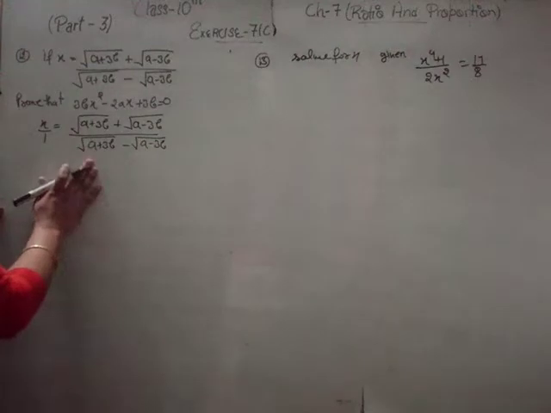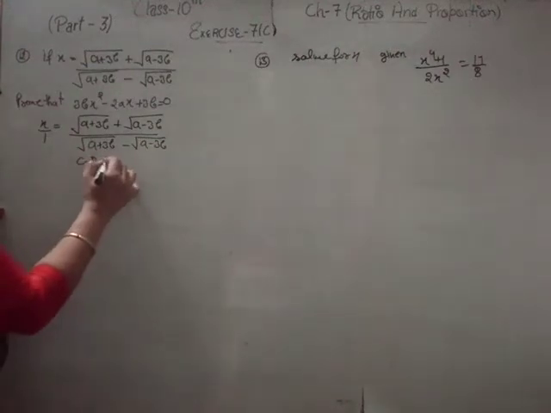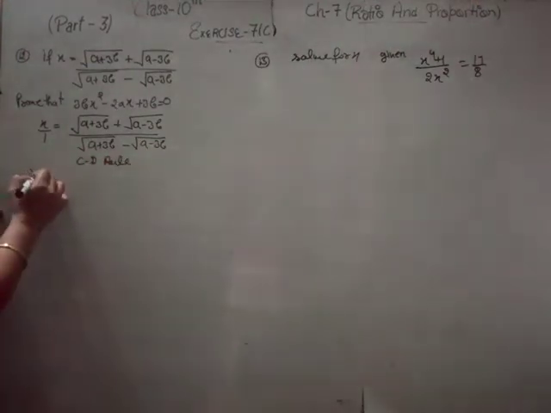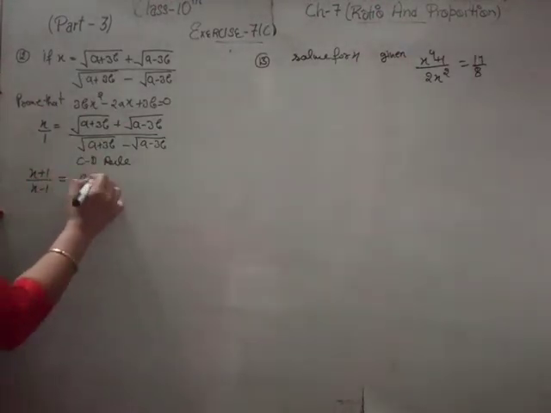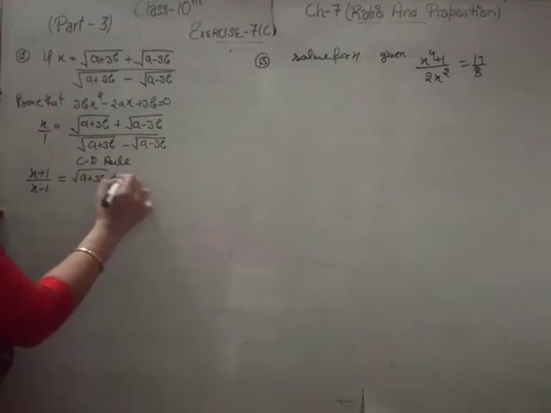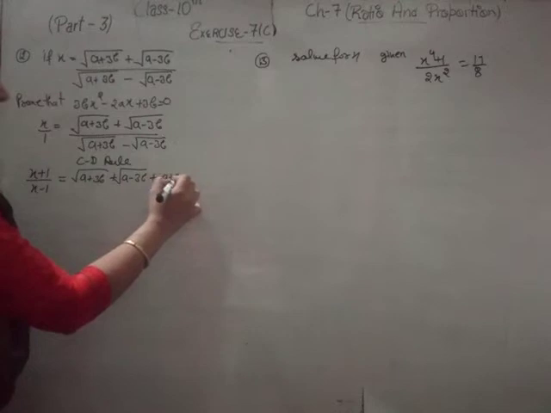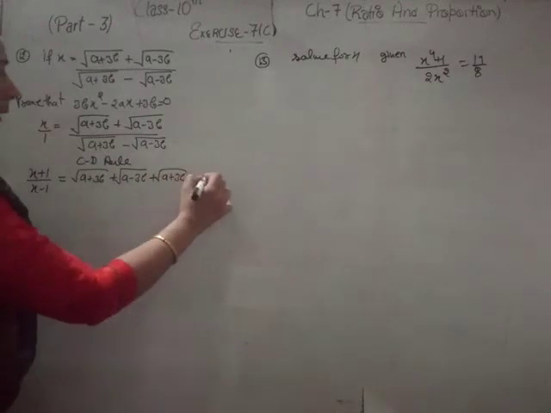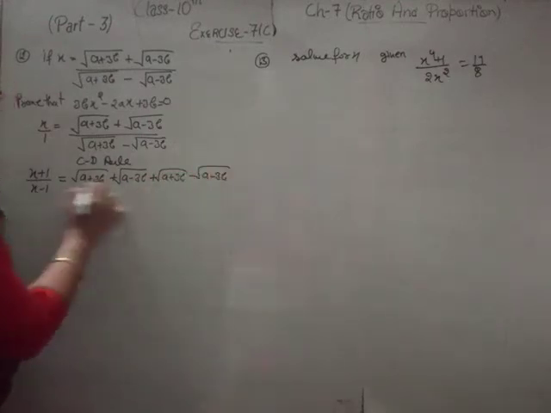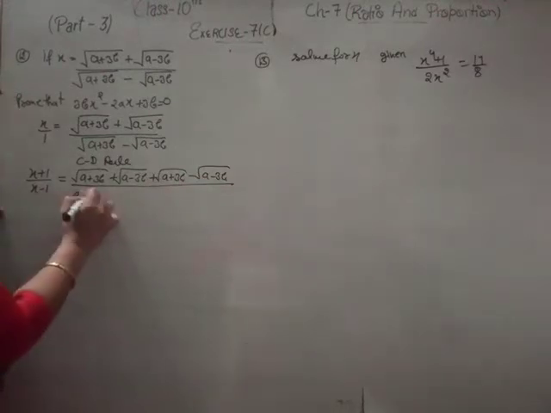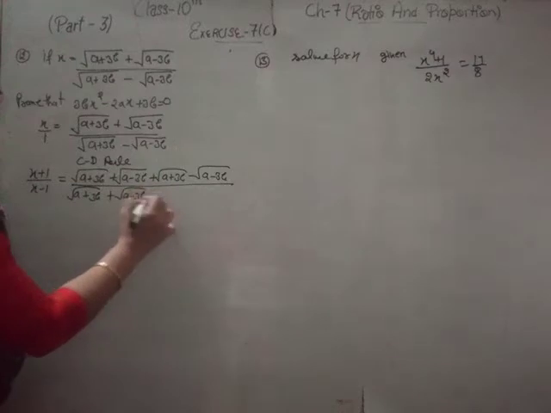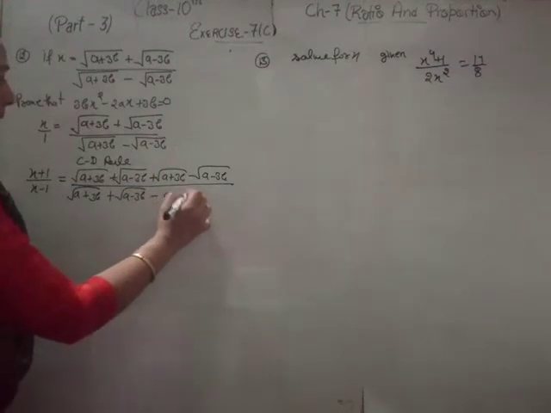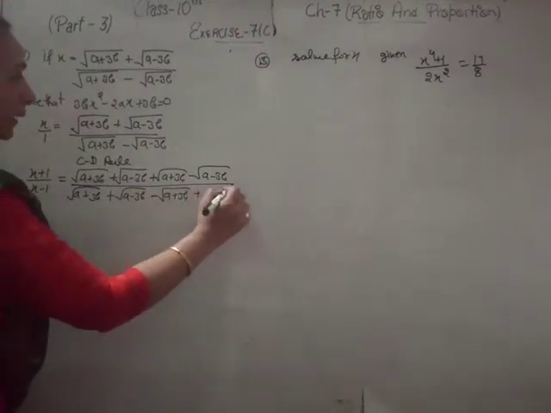Okay, then according to componendo and dividendo, (x+1)/(x−1) equals [√(a+3b) + √(a−3b) + √(a+3b) − √(a−3b)] divided by [√(a+3b) + √(a−3b) − √(a+3b) + √(a−3b)].